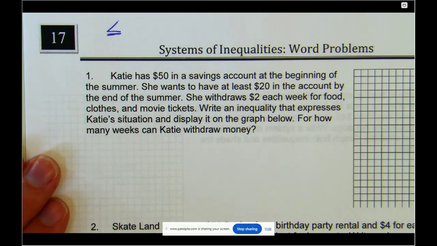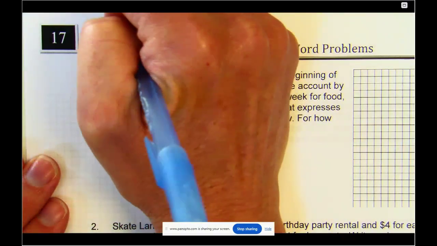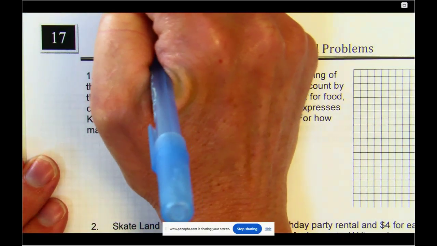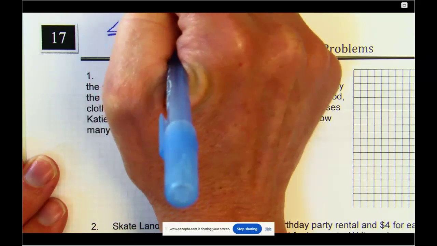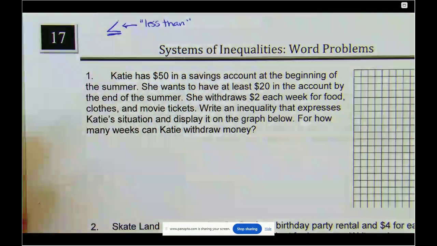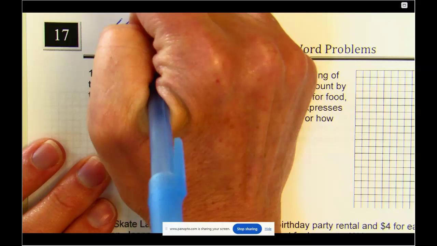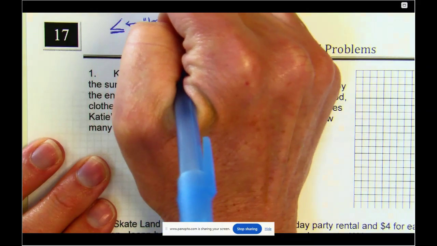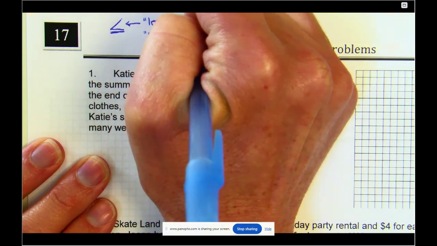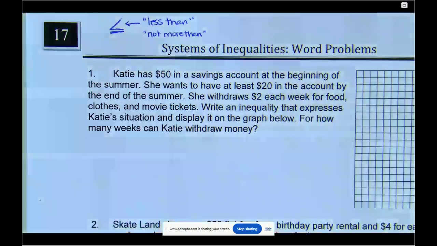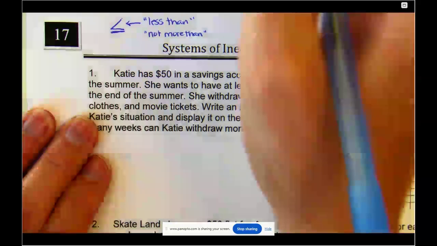That's a less than. But also when we are writing story problems, you might see the words not more than. Because if it's not more than, it's less than.